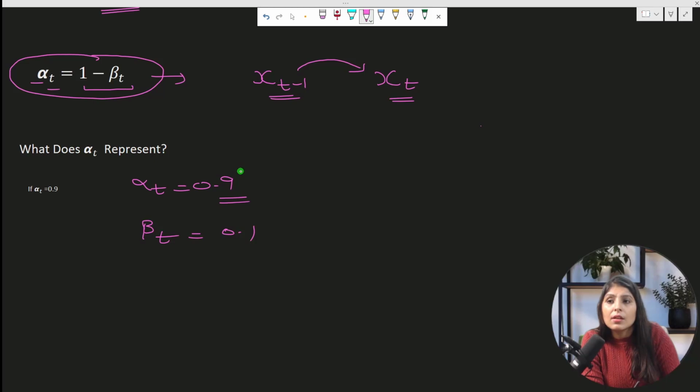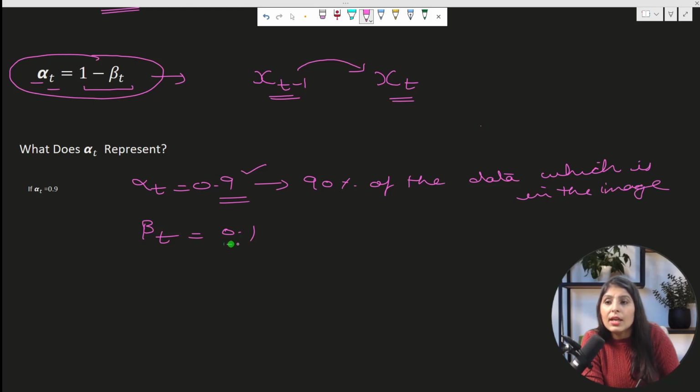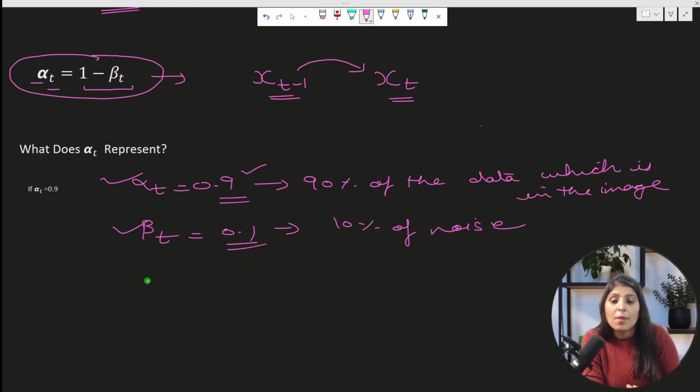Alpha t of 0.9 means we are retaining 90% of the data which is there in the image, okay, and we have only added 10% of noise. So these two values now tell us about the amount of noise and the amount of information or data at each time step in the image.